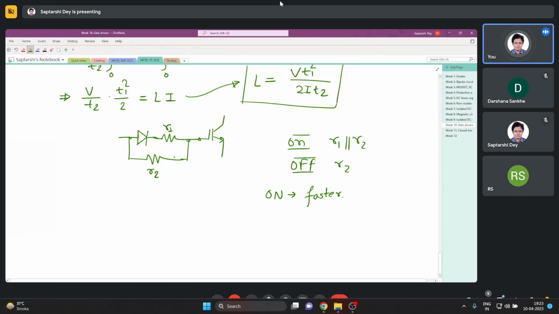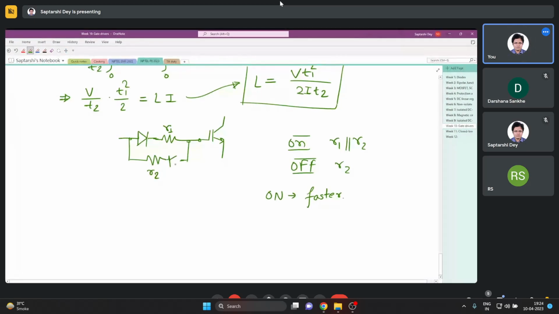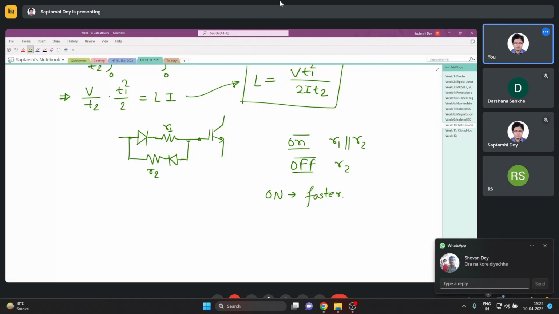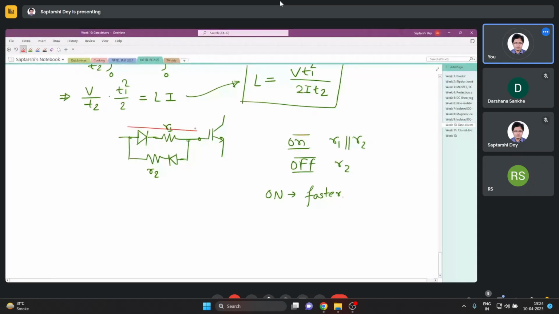Or else you can have, this is unusual, but you can do this if you want different turn on and turn off times for some reason. Now only a single path is there, no parallel path. So turning on goes like this, turning off goes like this.